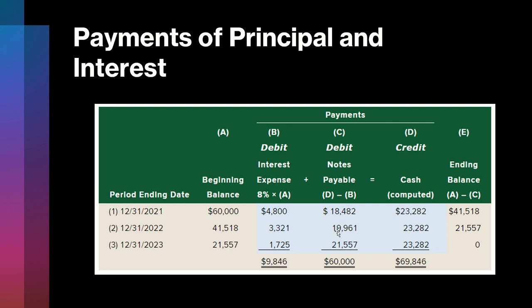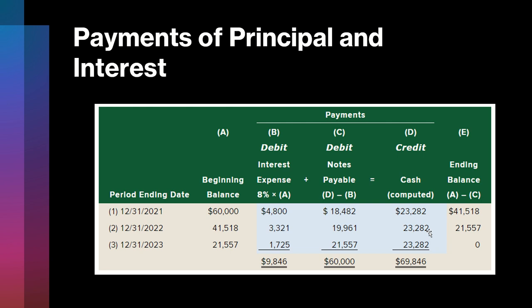You get $19,961, which goes towards the principal amount, which is sitting in the notes payable account. So notice from year one to year two, more of this cash payment of $23,000 is going towards the principal amount, and less of it is going towards the interest, which is great.